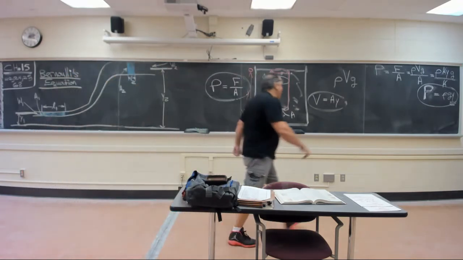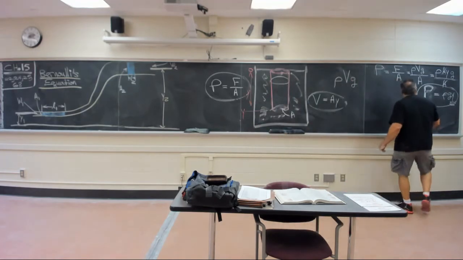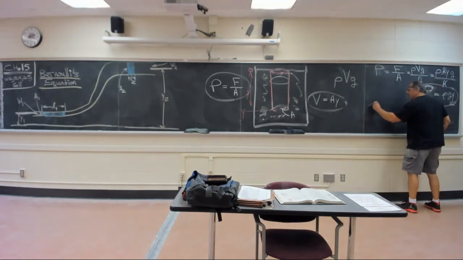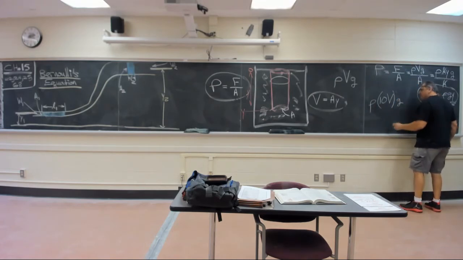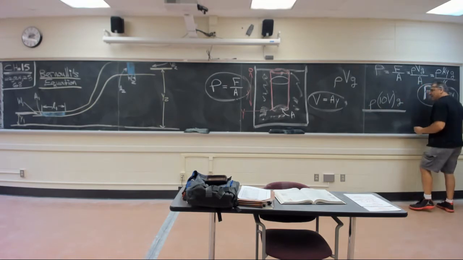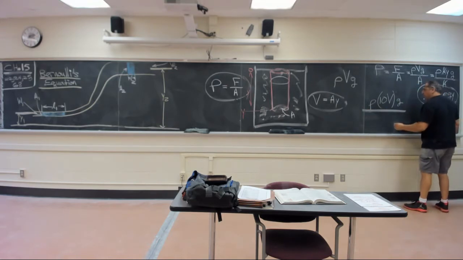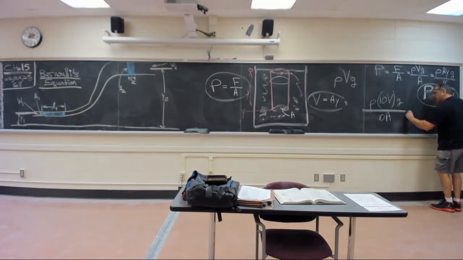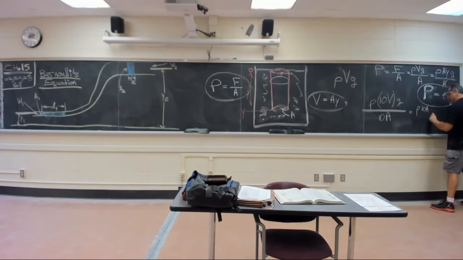So at the end of all that, you might have 10 times the volume. Right? But that came from 10 times the area. So you got 10 times the area times rho G Y over 10 times the area.